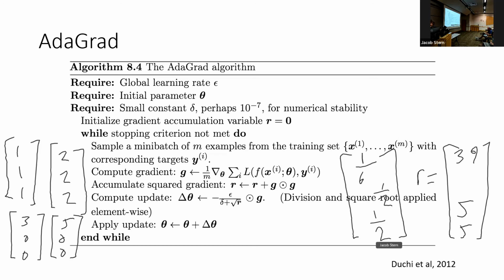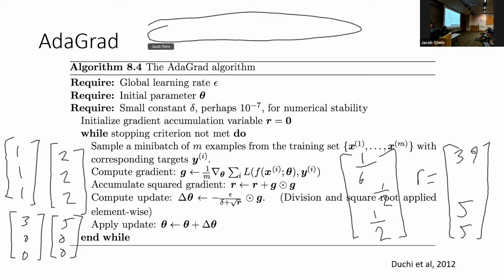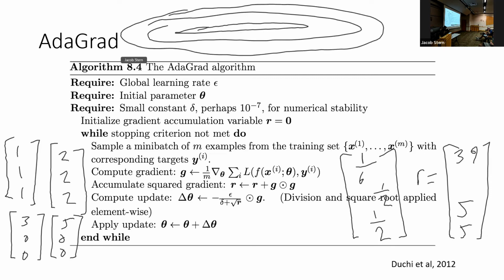So let's go back to our narrow bowl example. Actually, let's just ignore the last entry in this.